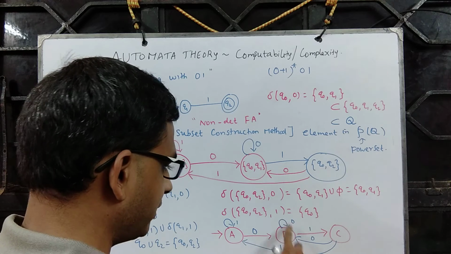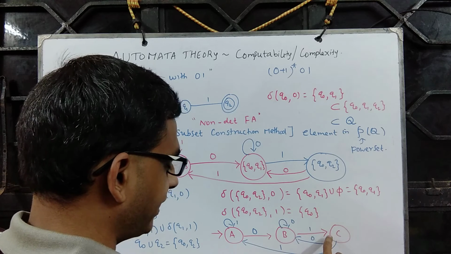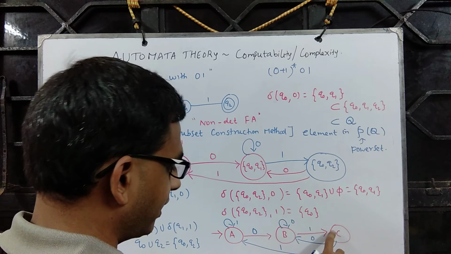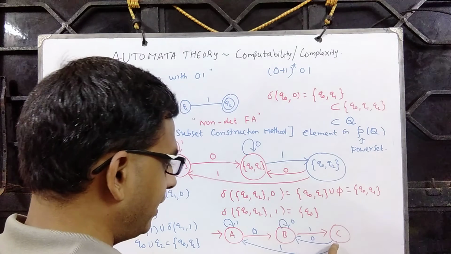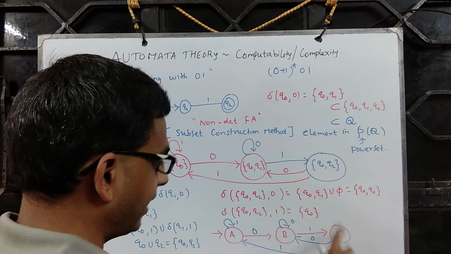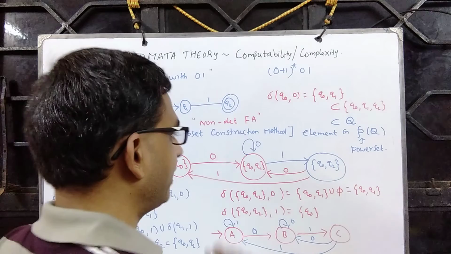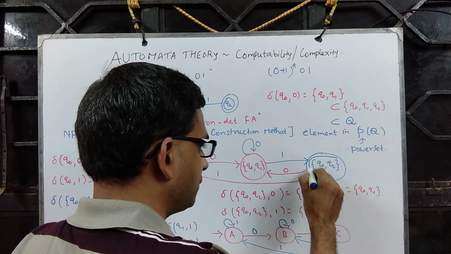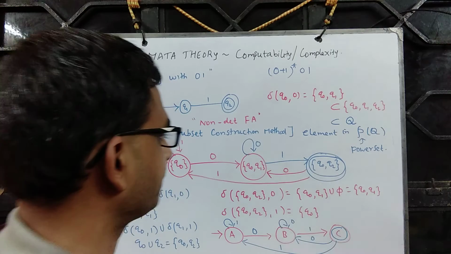If you want to read some more zeros, you read here. And at this point you want to go back, so if you read a 0, you should end along with 1, which is why we come here. But if you read a 1, you have to again read 0, 1, which is why we come back here, ensuring that we read 0, 1 again. This contains q2, which means this one is our final state. This one is our final state.